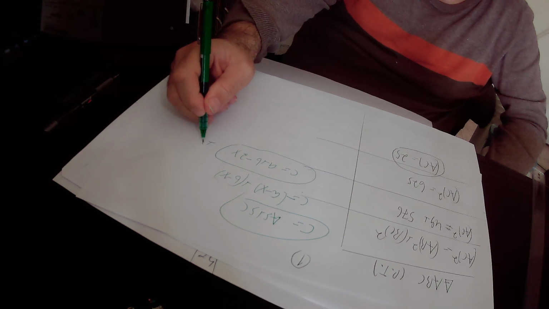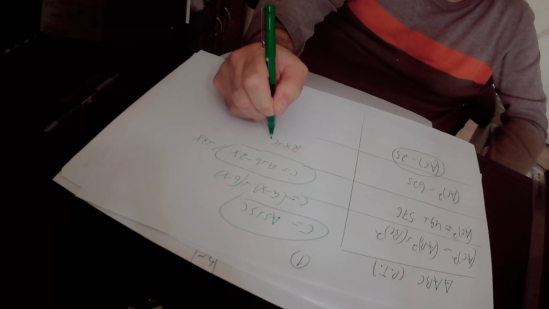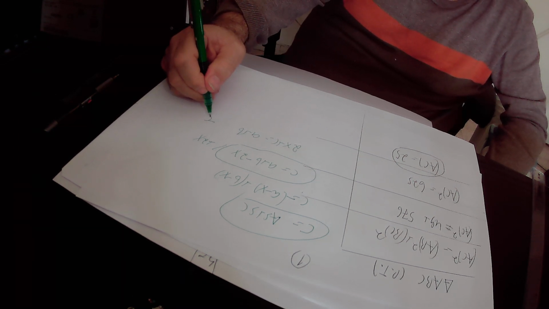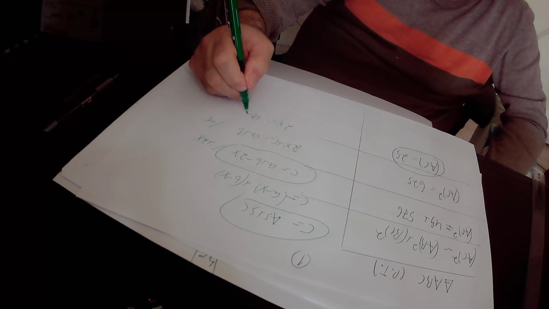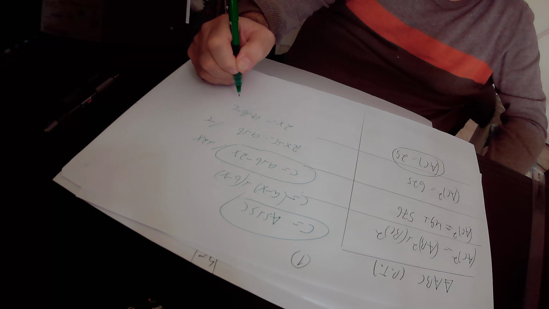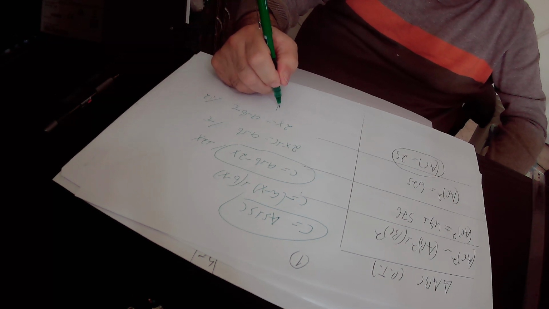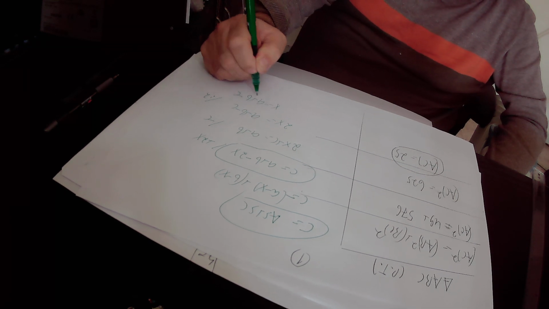We add 2x to this equation, and we get that 2x plus c equals a plus b. Here we subtract c from this equation, and we get that 2x equals a plus b minus c. We divide this equation by 2, and we get that x equals a plus b minus c over 2.